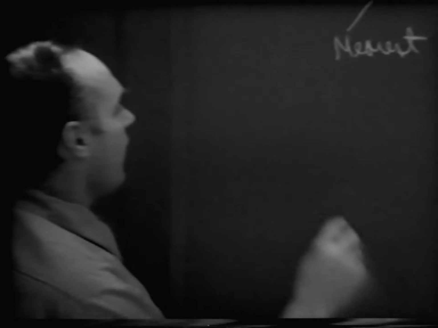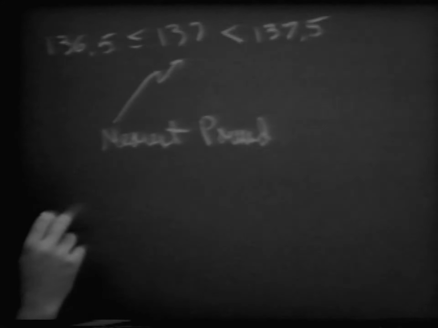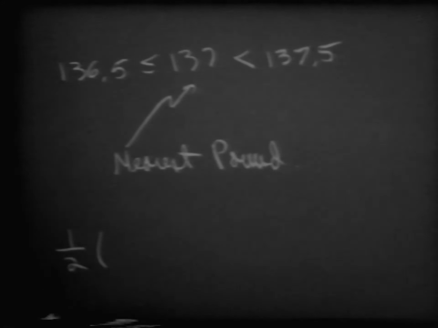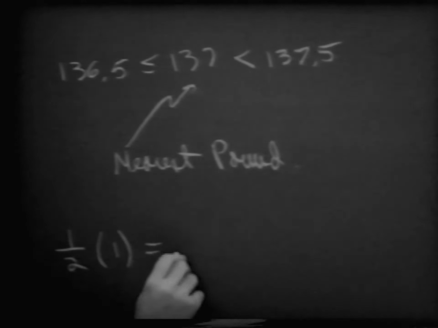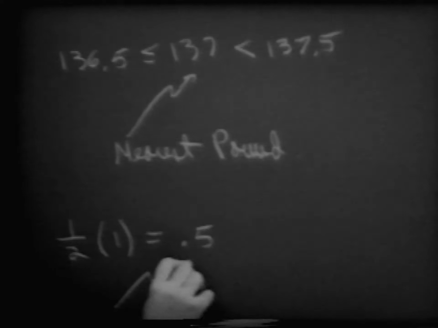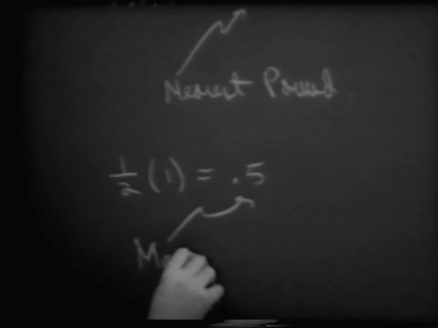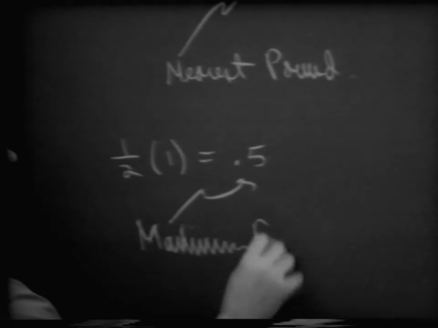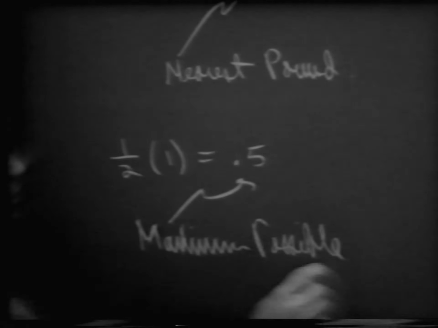Now, let's look at our weight again. The maximum possible error that we may have, we will take as being 1/2 of the unit of measure that we are dealing with. So in terms of our pound, which is our unit of measure, 1/2 of that is 0.5. And this is our maximum possible error in our measure.